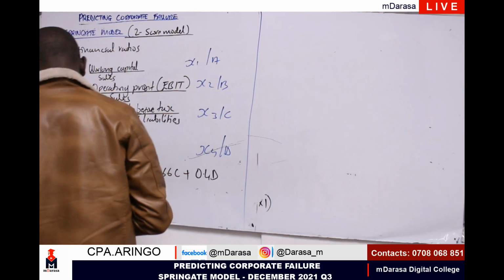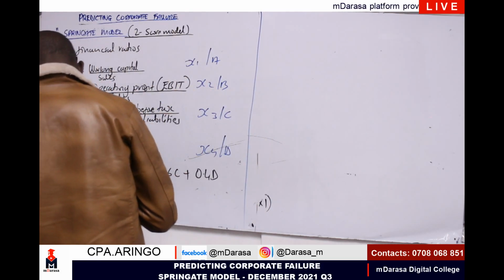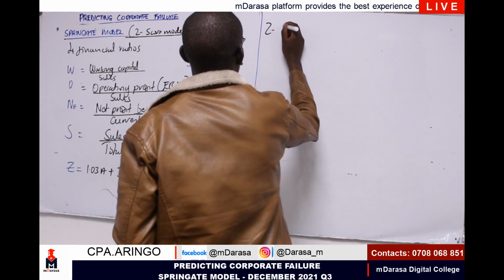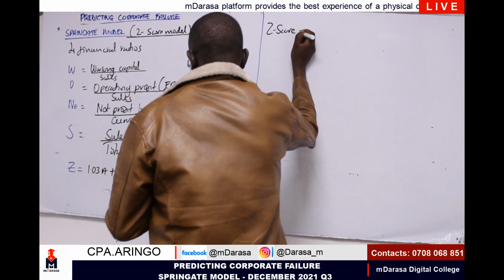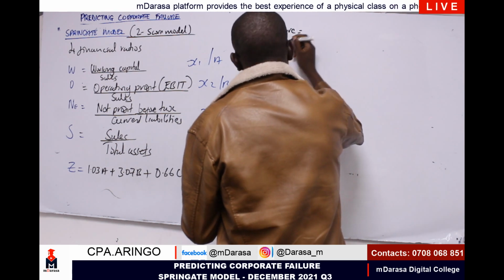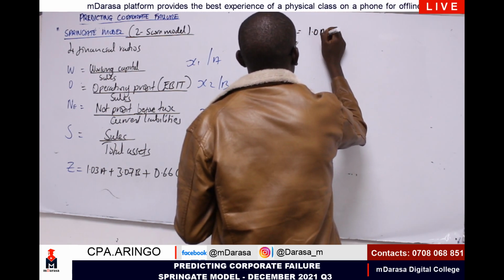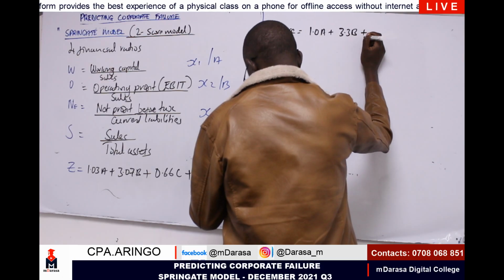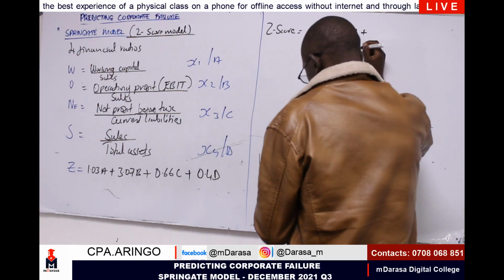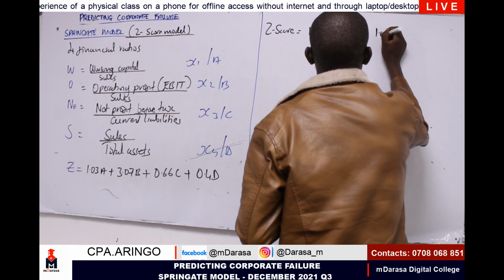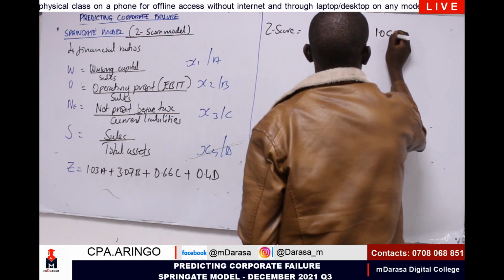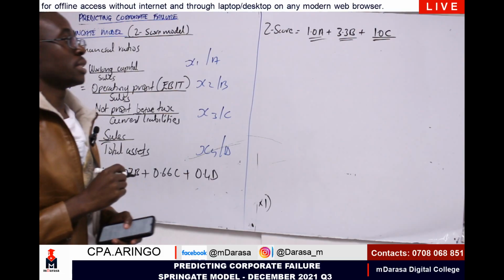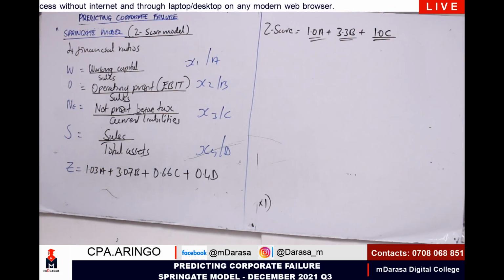We can as well talk of the following model, where Z equals 1 times A plus 3.3 B plus 1.0 C. Some books might also define Springate in that mode, whereby I'm looking at three financial ratios.